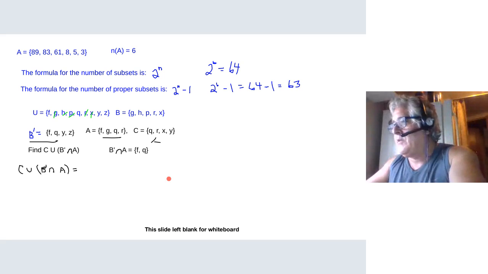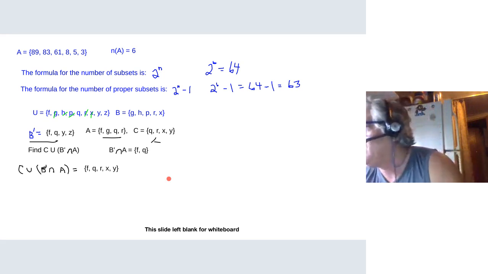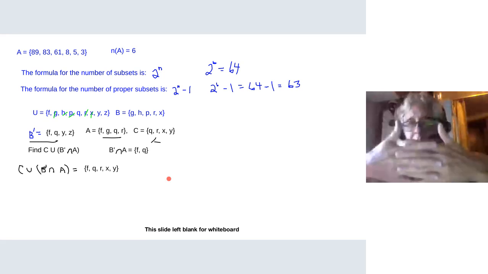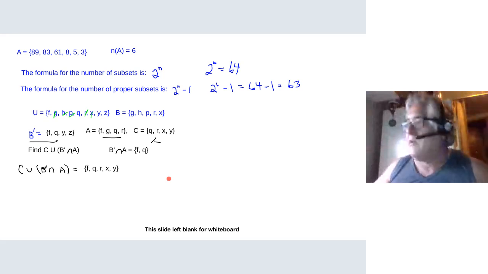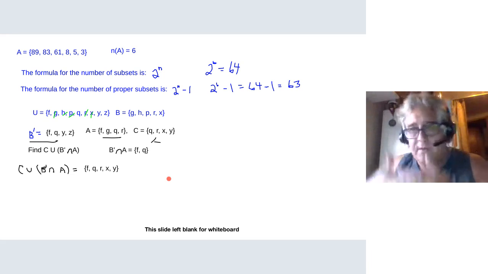So I just got to put those two together. So it's F, Q, R, X, and Y. The only one that's common is Q, so we only need to write that once. So when we take the union, we're like joining them together into one. Like what marriage is. One person's got one set of traits they bring, the other set comes, and they both are one. Okay?